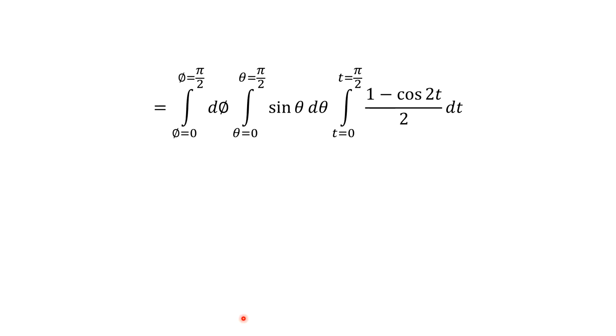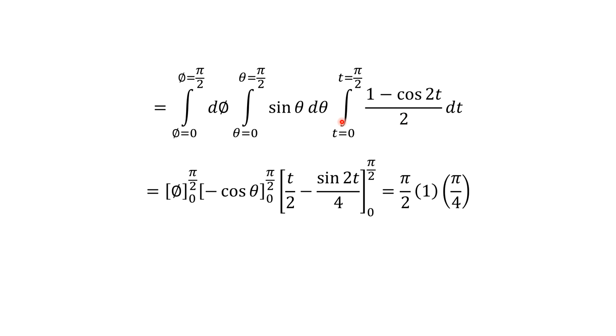So let us solve these integrals now. Sin square t is 1 minus cos 2t upon 2. So the integral of d phi will be phi from 0 to pi by 2. The integration of sin theta d theta will be minus cos theta from 0 to pi by 2. And here the integration of 1 by 2 will be t by 2 minus the integration of cos 2t, which will be sin 2t upon 2, so therefore it is 4 here, with limits 0 to pi by 2.